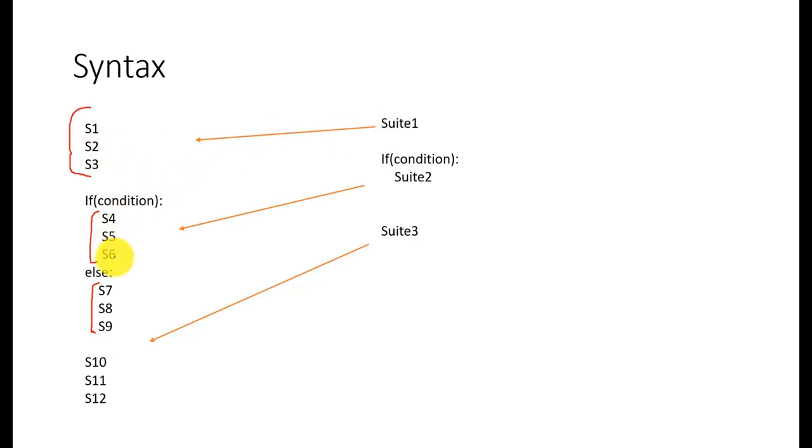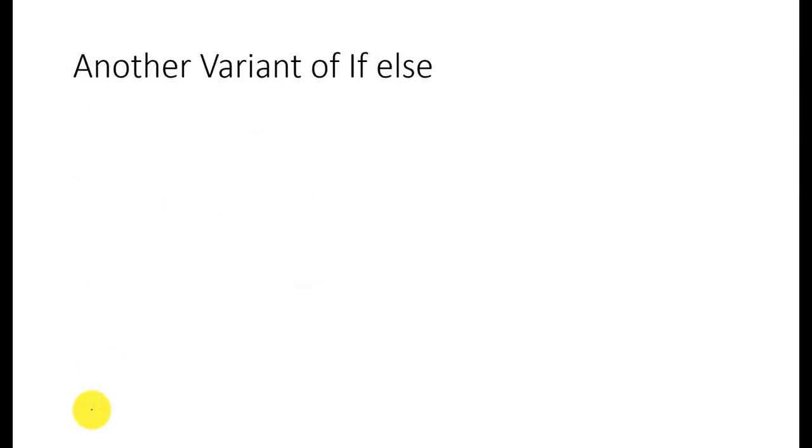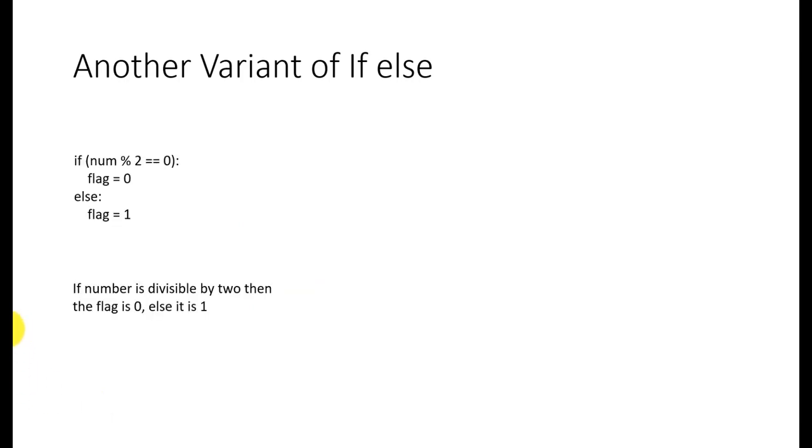So this suite of statements is outside of the if else block, and S4, S5, S6, this suite, that is suite 2, is inside the if block, and S7, S8, S9, this is suite 3, which is inside the else block. And this suite 4, S10, S11 and S12, again is outside of the if else block. It always gets executed because it is coming in the normal flow of the program.